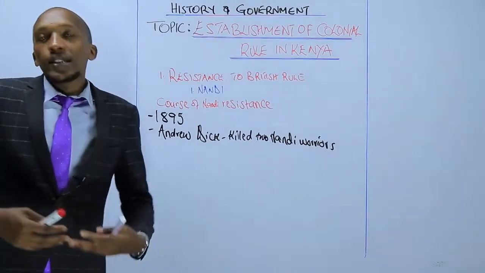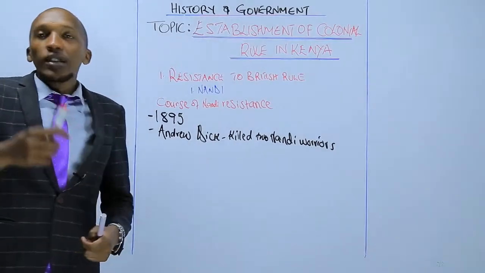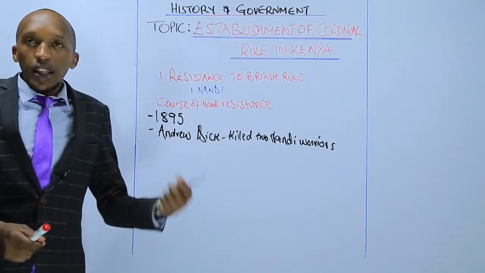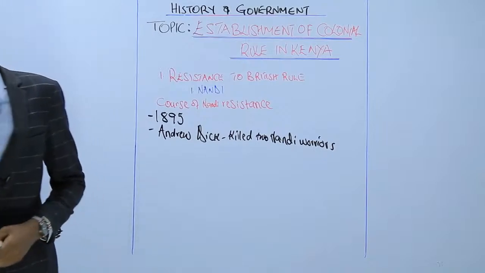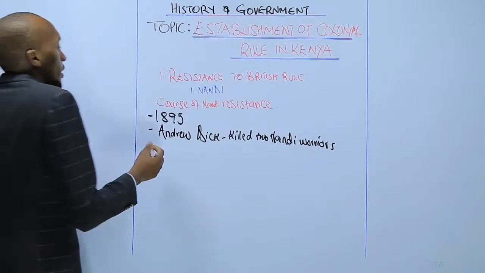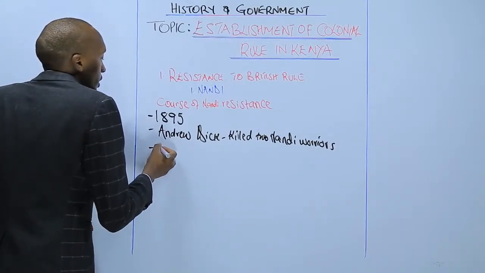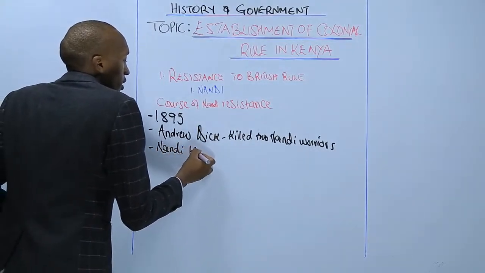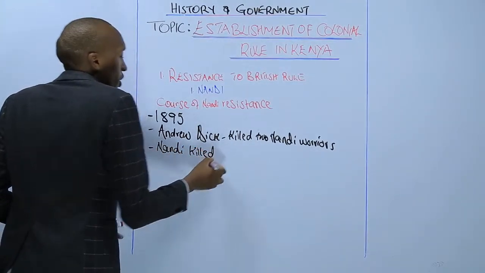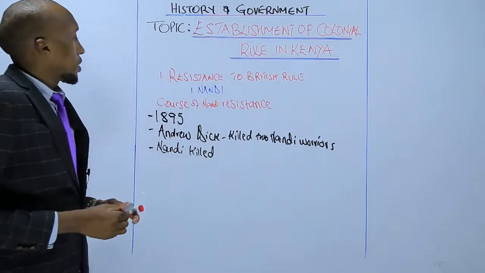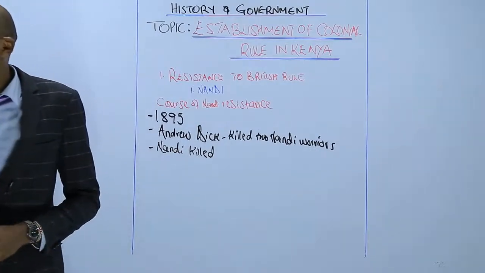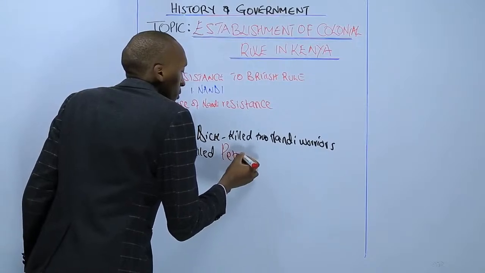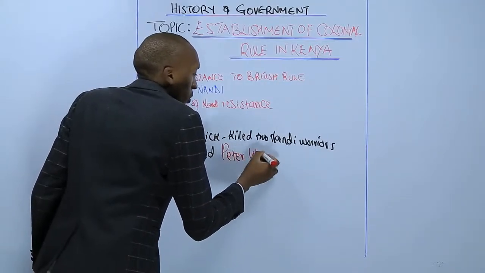So when he attacked and killed these warriors, this angered the whole community. The whole community decided to retaliate against the British, and the Nandi killed another British trader who was known as Peter West.